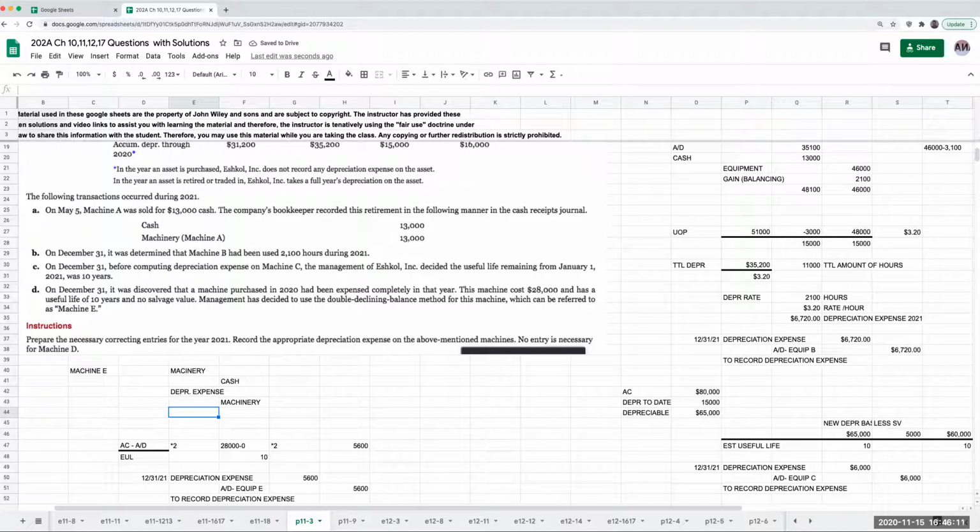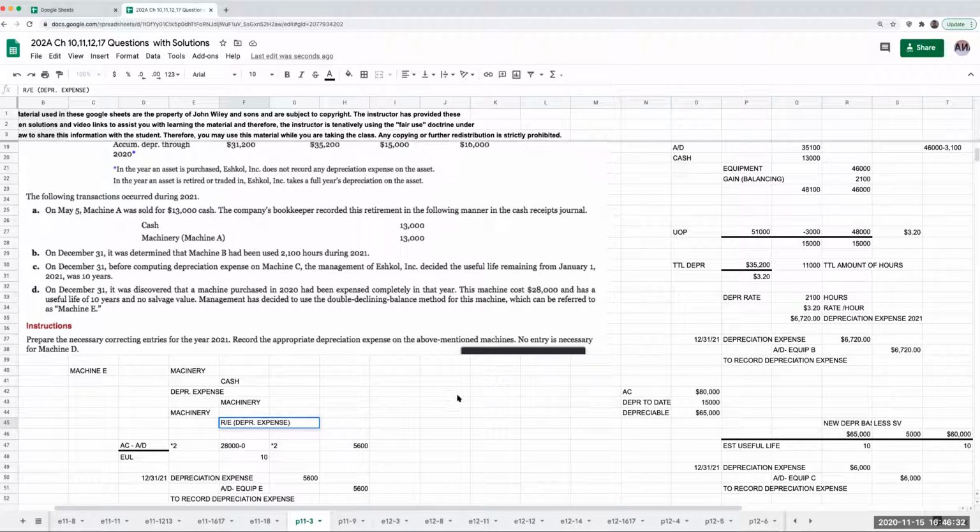So what the correcting entry should be is you have to do a debit to machinery, and you would credit retained earnings, or over here, this would be the depreciation expense. So that's what your book is doing, but this part of it here is correct.